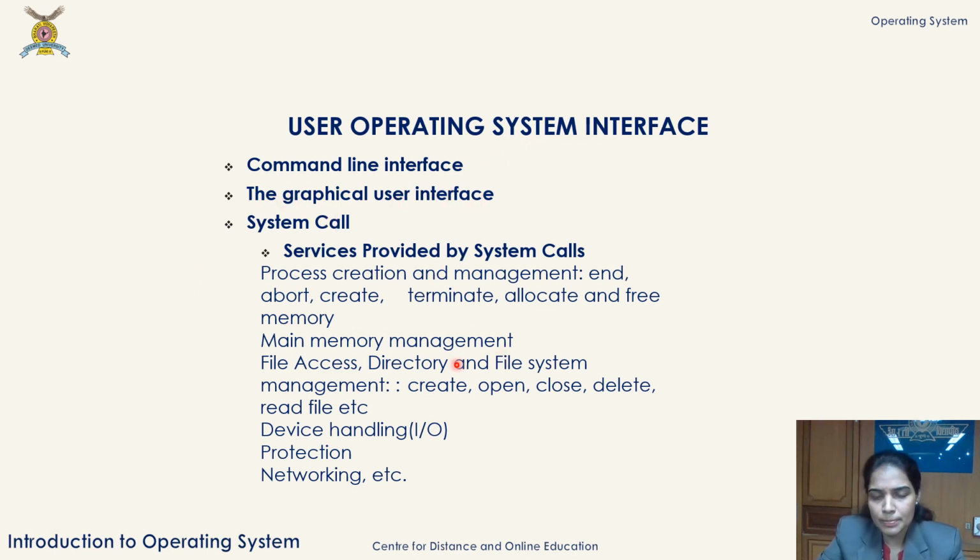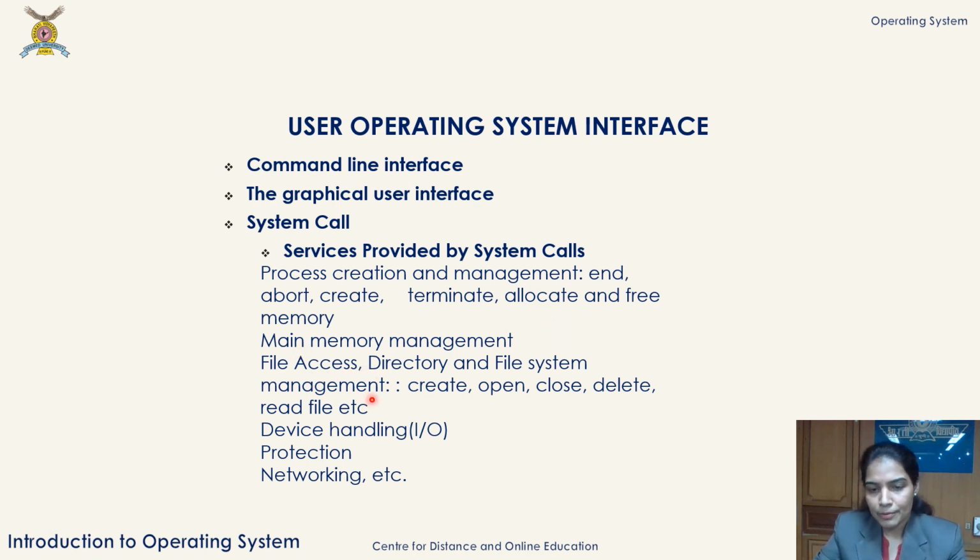The system calls are provided by the operating system for many purposes. For process creation and process management, we can have system calls like abort, create, and terminate. For memory management, we have system calls to allocate and free memory.